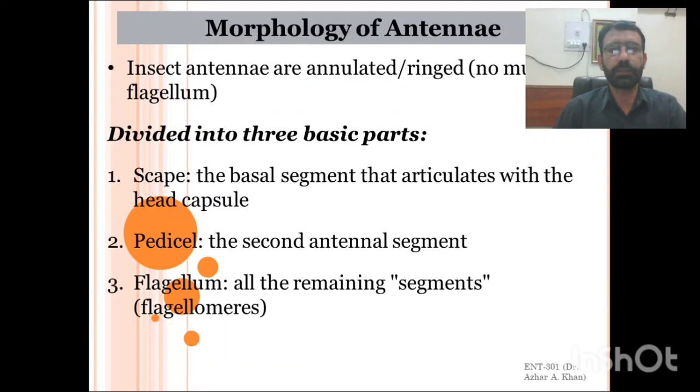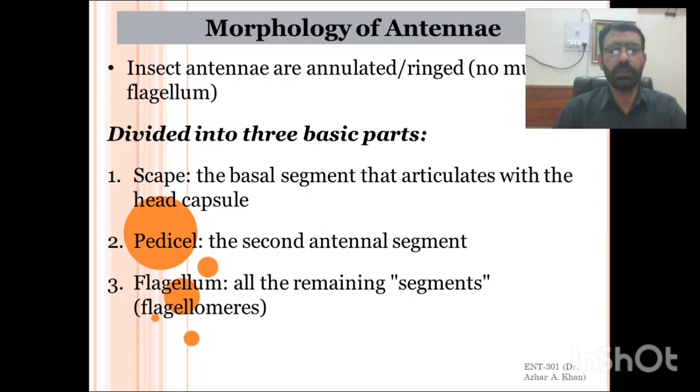So, keeping in view their function, we can say the antennae are actually the feelers. We may also say that if an insect doesn't have any antenna, there will be no feeling in the insect. But mostly, insects contain a pair of antenna.